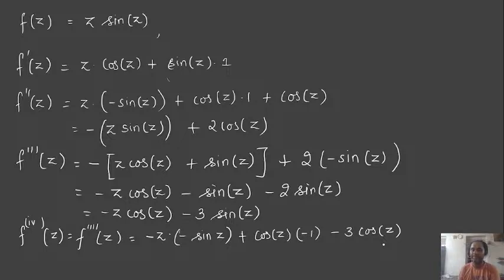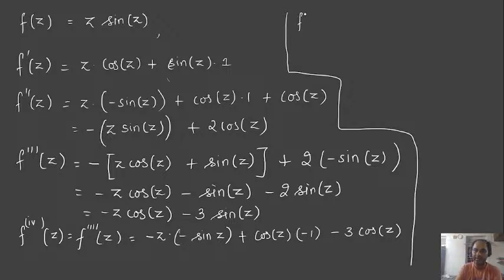So finally, the fourth derivative is z sin z, and then minus cos z minus 3 cos z, so that is minus 4 cos z. This is the fourth derivative of z sin z.